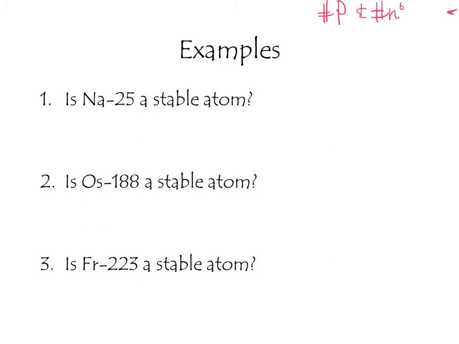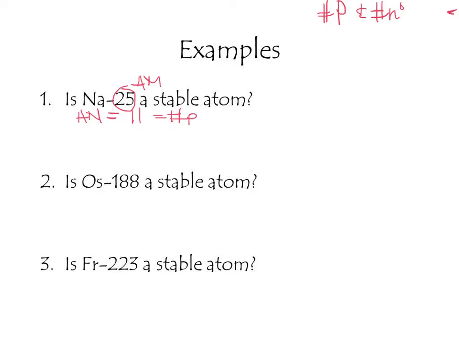Just a quick reminder, if I look at the first question, it says sodium 25, is that a stable atom? 25 is not our atomic number, it is our atomic mass. You have to look on the periodic table for the atomic number for sodium, which is 11, and that also tells us the number of protons.